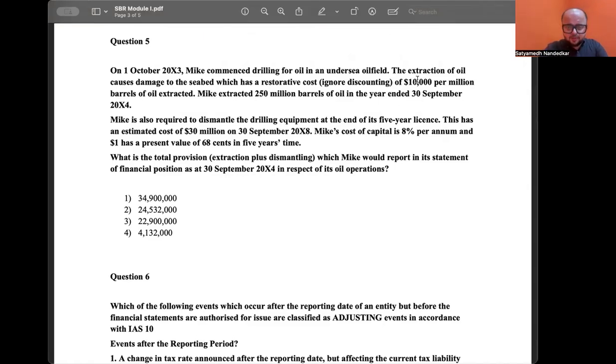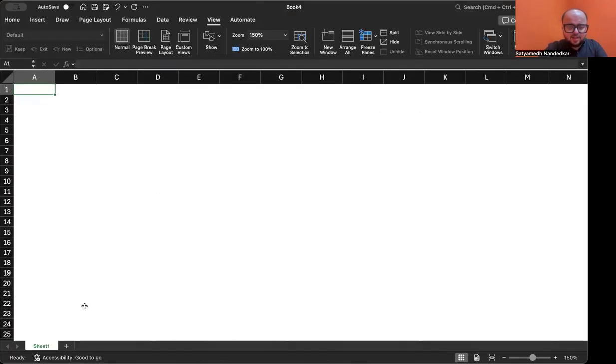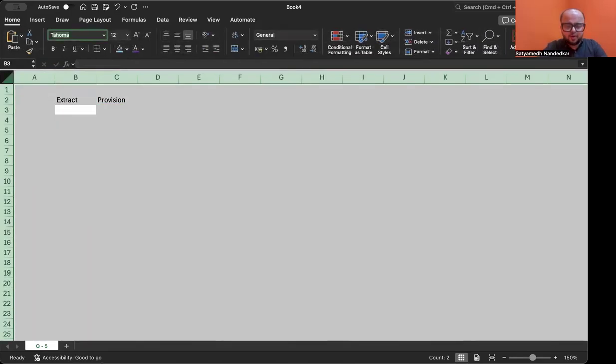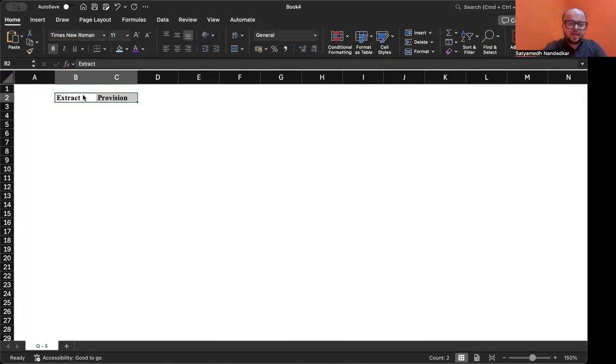Now, first of all, the restorative cost of 10,000 per million barrels of oil extracted. So let's do this calculation in our Excel sheet. This is question number 5. Of course, all of you know what is wrong with this sheet. The font is not Times New Roman 11, and we know how difficult it gets for us to do it without this font.